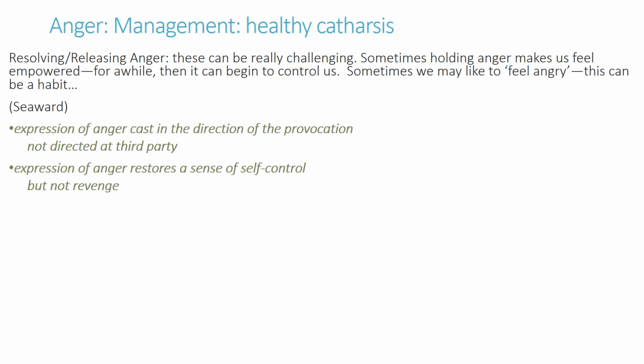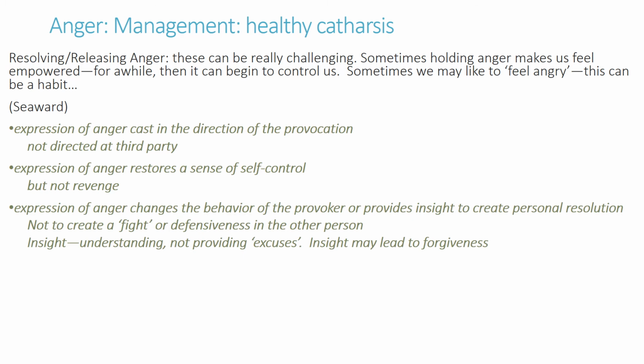How we talk to someone to elicit a change is challenging. We want to make sure that we don't create defensiveness in the other person and put them on the spot and kind of manipulate that. We don't want to provide excuses for people, but understanding where that person is coming from may lead to insight, which might lead to forgiveness.